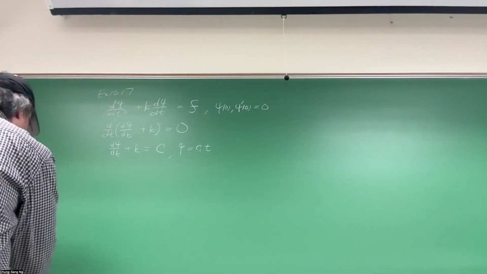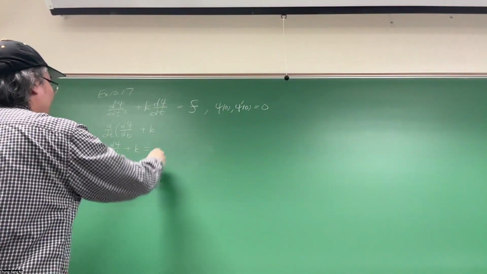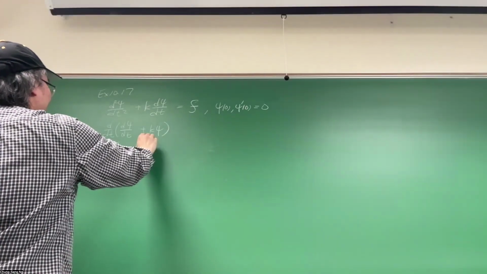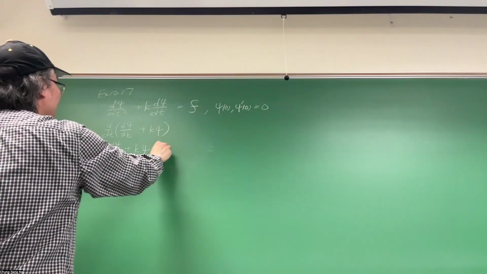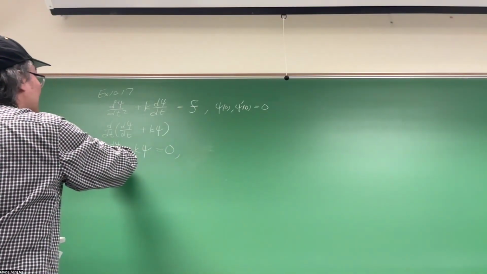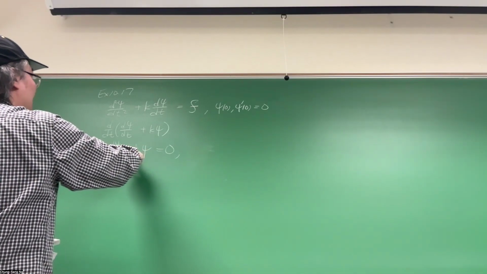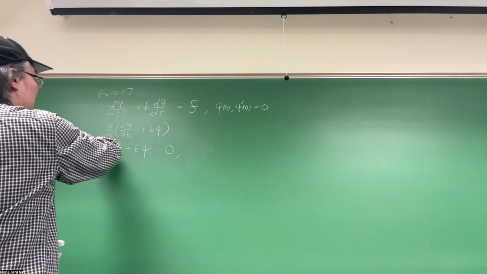Oh, I take it back. That's why I got confused. I forgot this sign. Okay, so one solution is this one, where this is 0. The other solution is simply a constant. Now, if psi is a constant, this is 0, the d/dt is also 0.